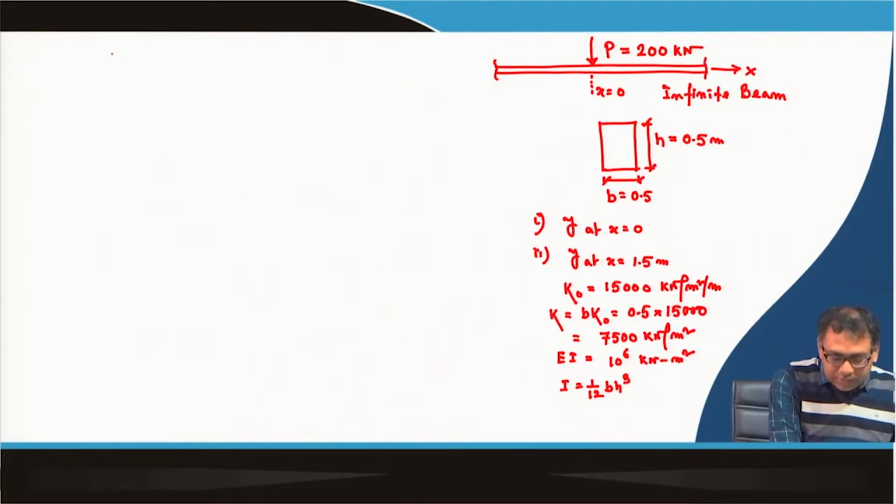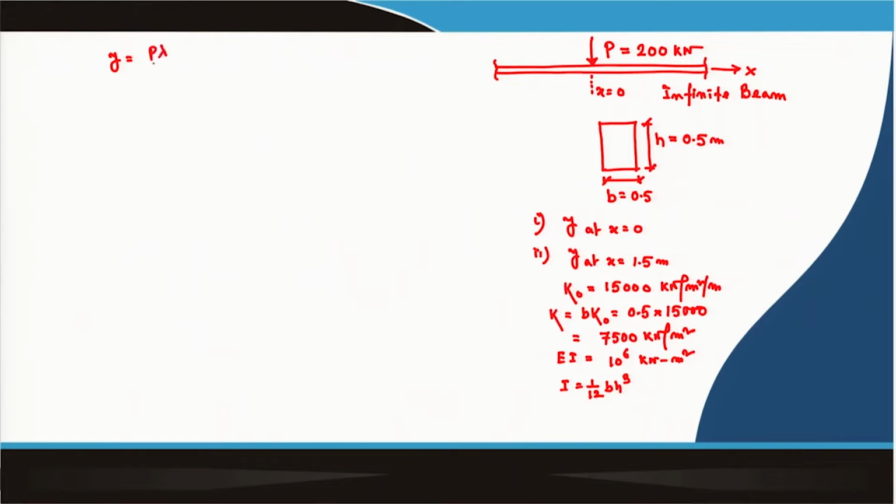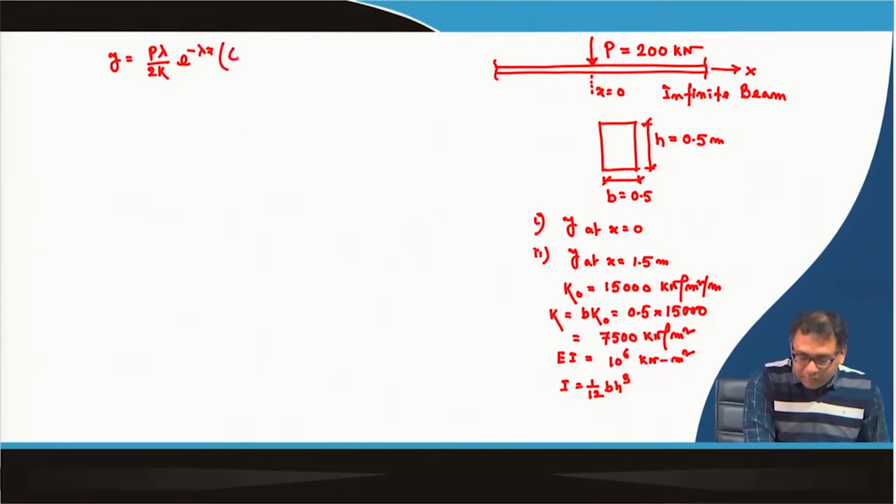You know the equation for deflection for an infinite beam subjected to a concentrated load is y equal to P lambda by 2k into e to the power minus lambda x, cos lambda x plus sin lambda x.